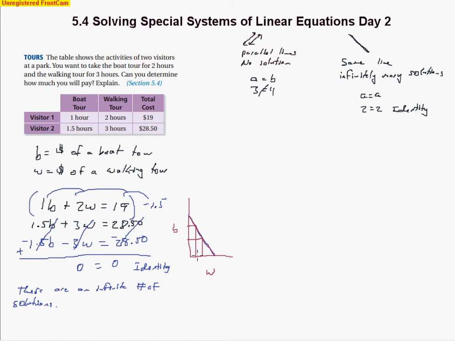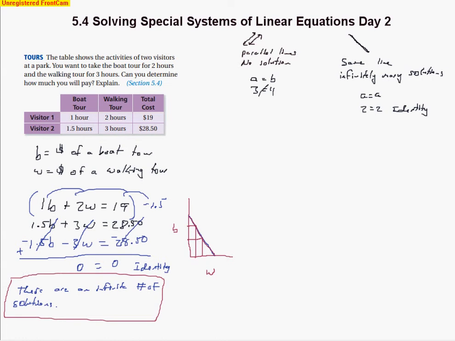So there are many, many different solutions depending on where you are along this line. And so there's an infinite number of solutions. So I can't be specific about an answer.